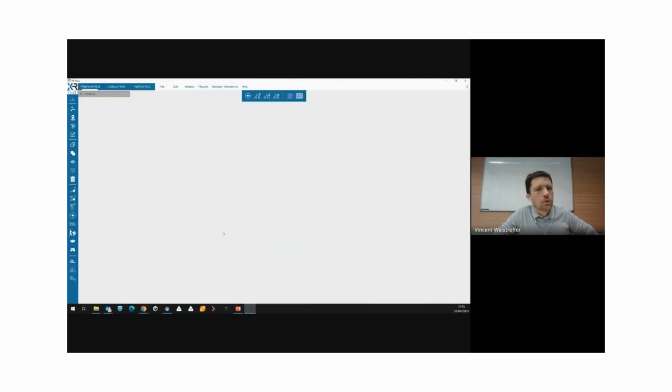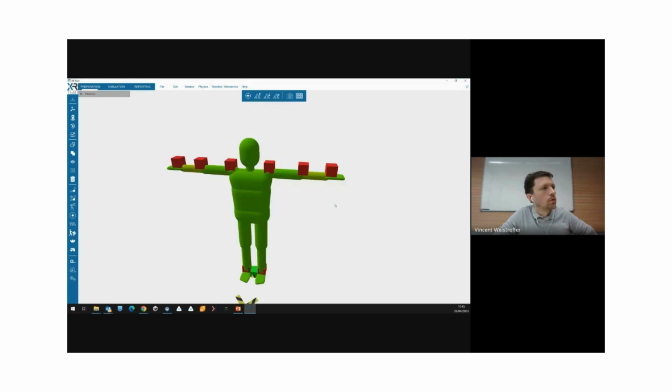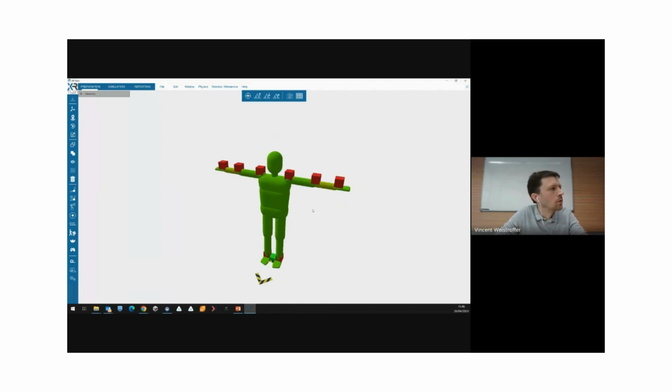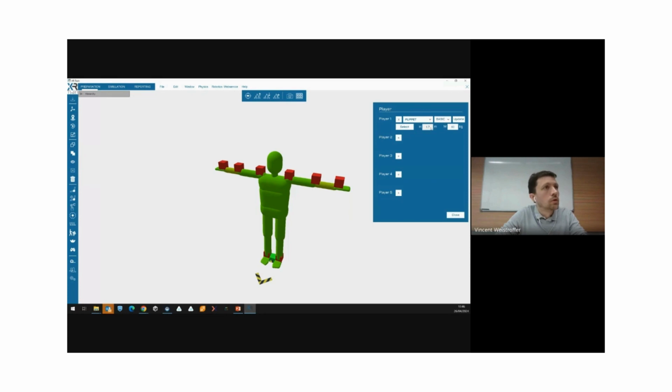So I will first define a mannequin. Maybe the screen sharing can give you some lagged vision, but I hope you will understand the main part. What I can show you first is that we can generate a mannequin here.